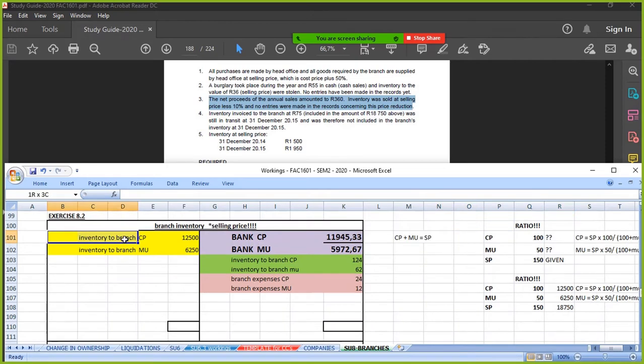when I gave stock to the branch, I gave them stock at selling price. Does that make sense? Yes. When they sold the stock, they sold it at a discount. So if I'm looking at this, the amount would have been too low. Do you agree?